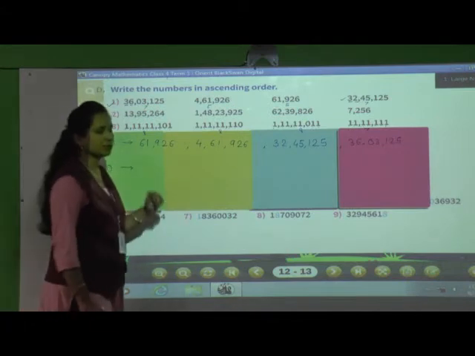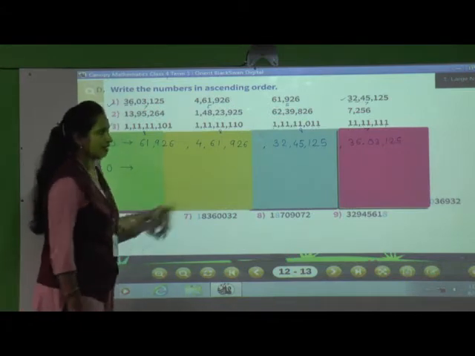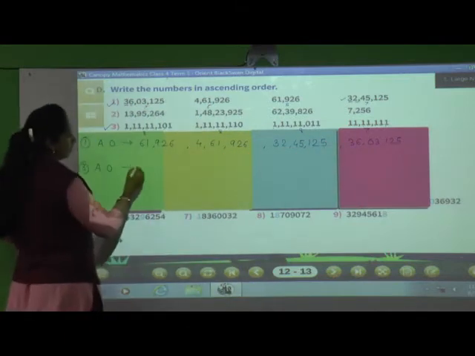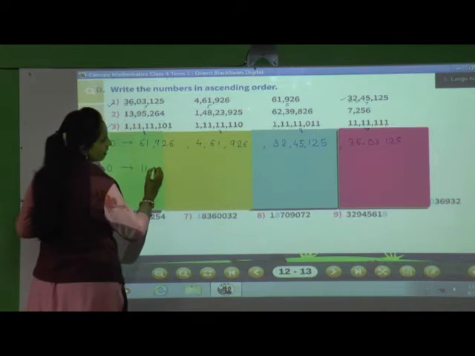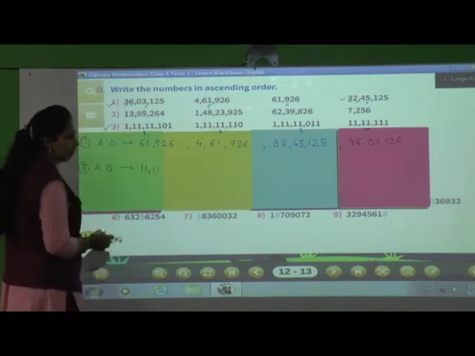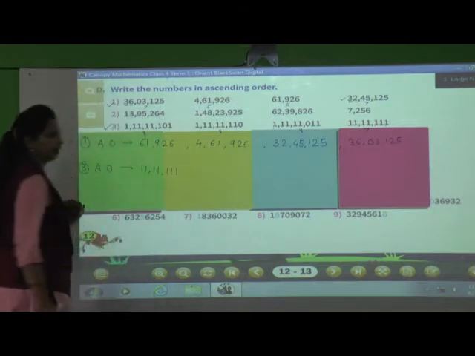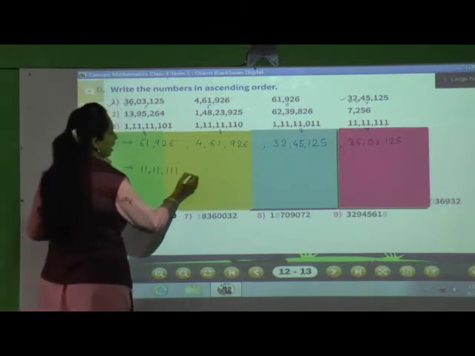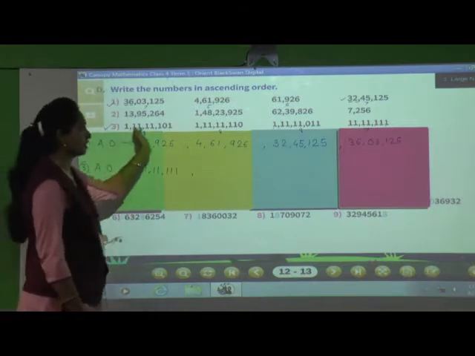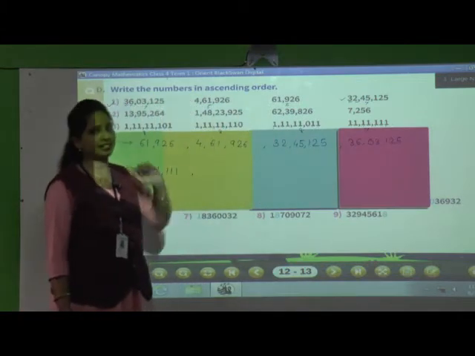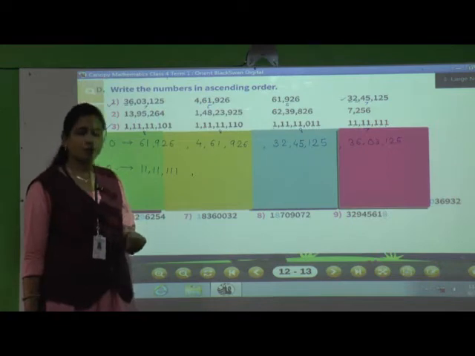Now tell me, which is the smallest number? Yes, the 7-digit number is the smallest. So first we will copy that number in the first place. What is the number? 11,11,1111. Now after this we have the same three 8-digit numbers. What do we have to do?